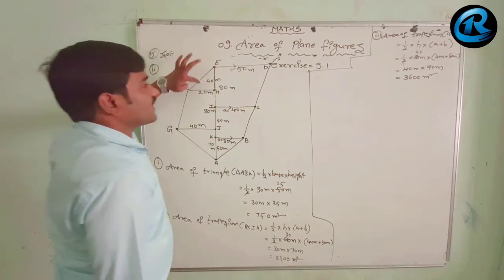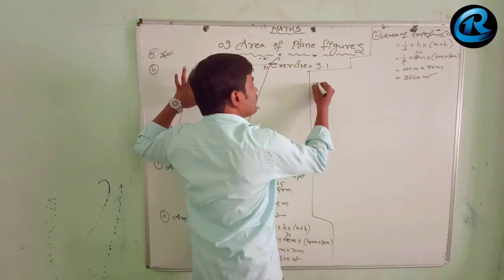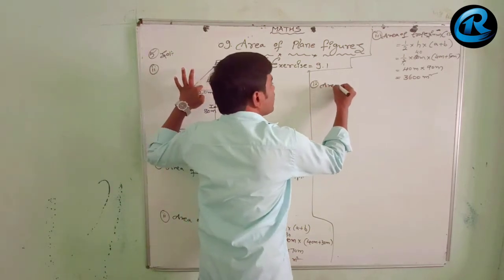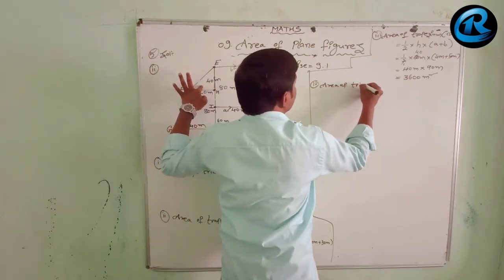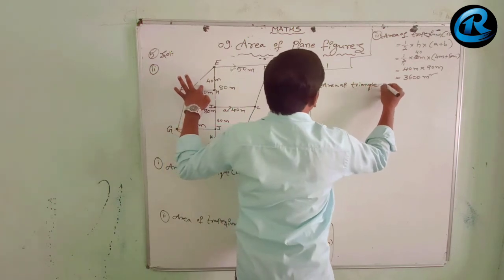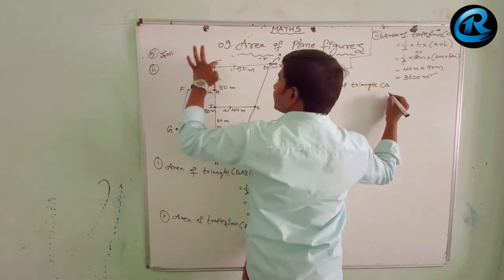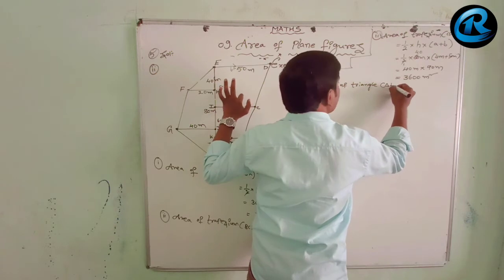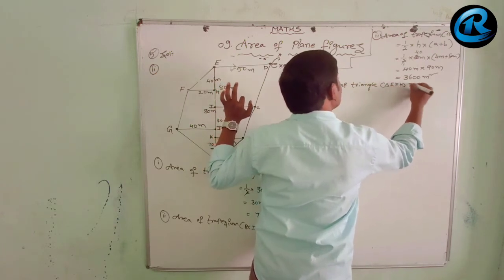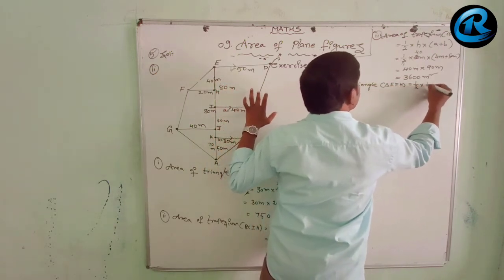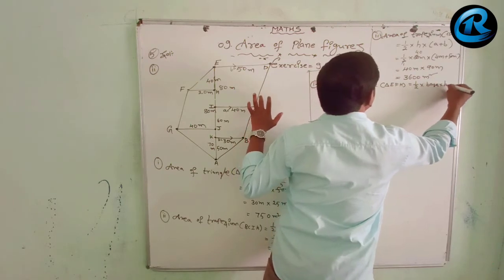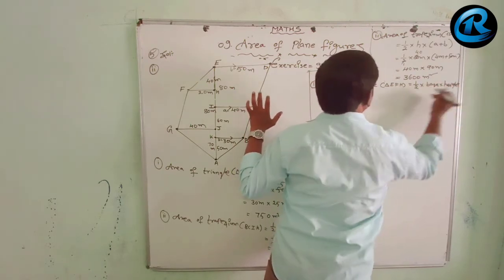Here area of triangle we have to find out. The fourth one, area of triangle. What's the triangle name here? See, the triangle EFH equal to formula 1 by 2 into base into height.